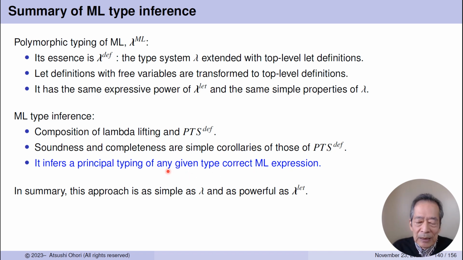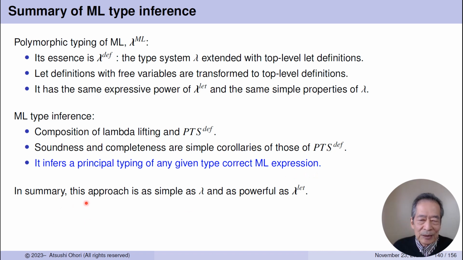In the Damas-Milner system, we understand that there is no notion of principal typing, but that does not imply that the language ML does not have this property. Indeed, we have achieved an ML type system and type inference algorithm where the notion of principal typing exists, and there is an algorithm that computes a principal typing of any given type-correct expression.